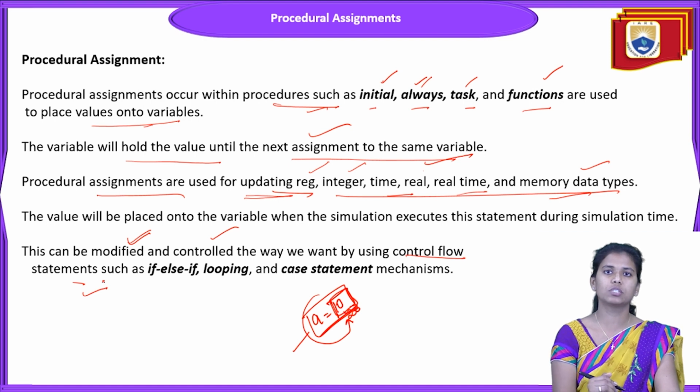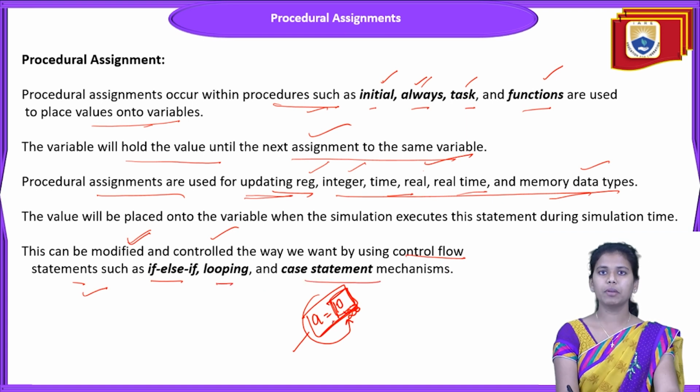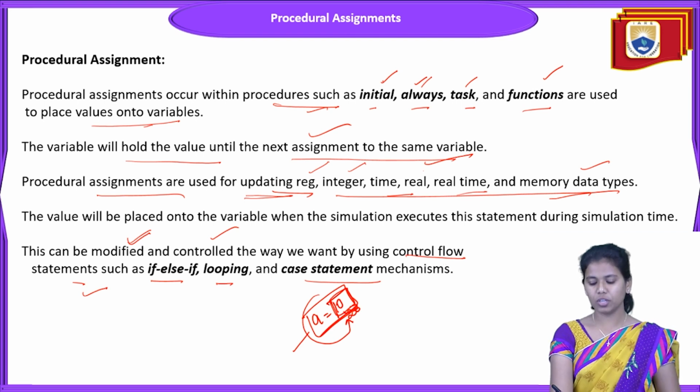Using the control flow statements, we can control the values in the variables, by using if else, looping and case statement mechanisms. So the variables can hold the values, and the values can be modified or controlled using the control flow statements. This will happen in the procedural assignment.